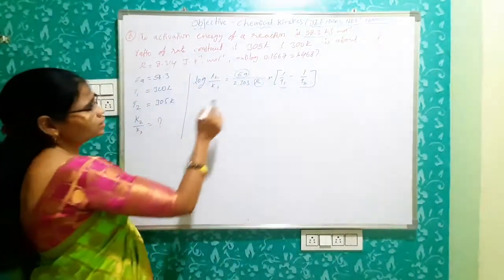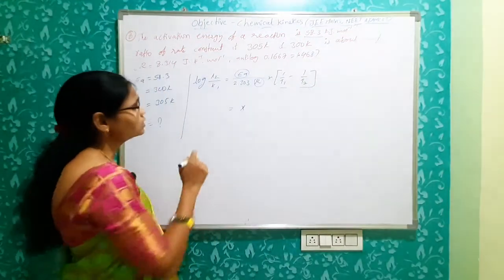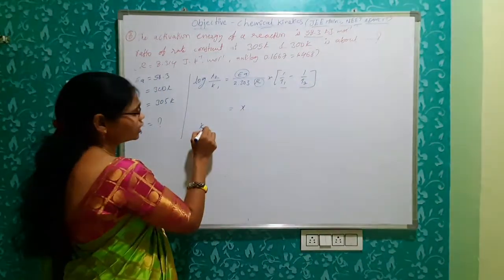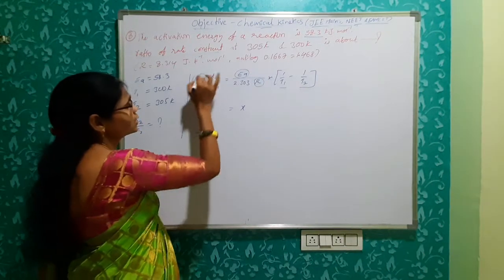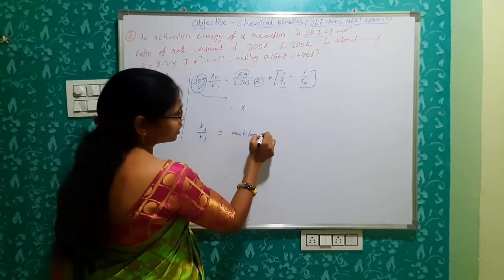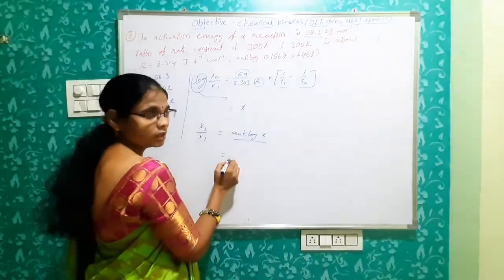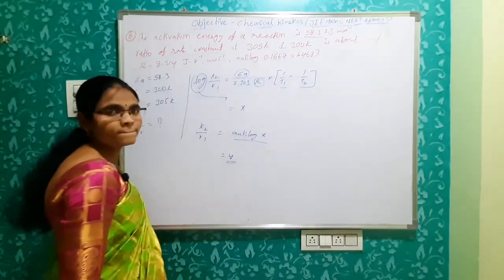By calculating this we will get X, suppose. Then we have to calculate K2 by K1, so we take the anti-log of X to get the answer. Suppose the answer is Y.